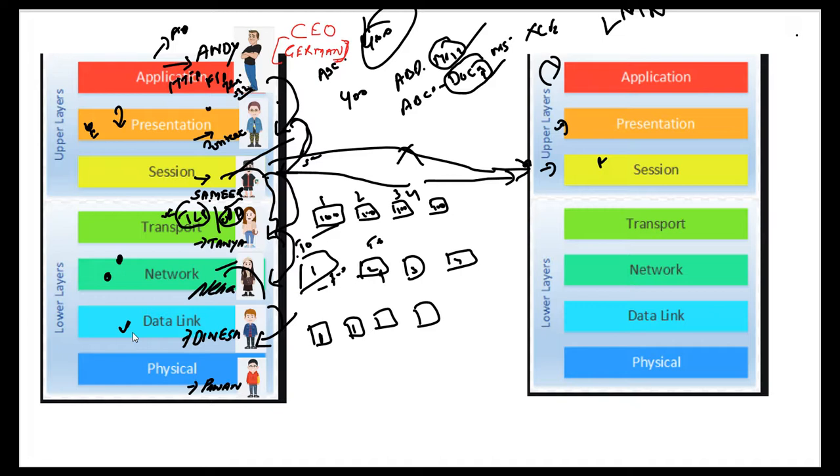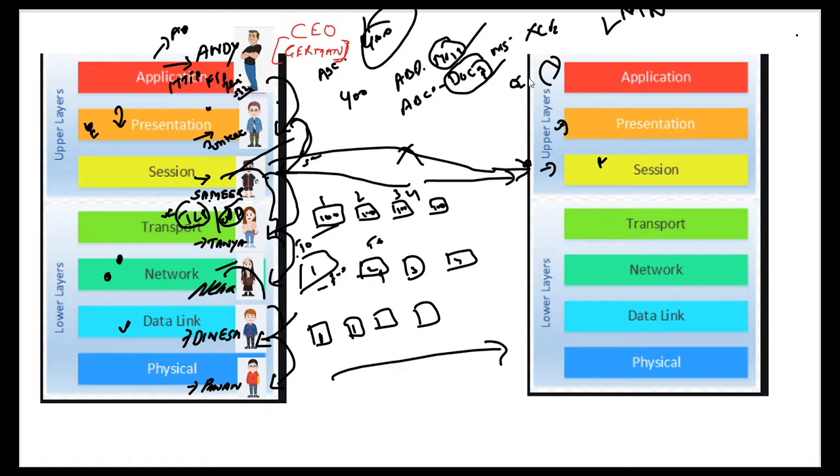Once the data link layer confirms that the packet is not corrupted and puts up the source and destination MAC address, it will give the packet to the physical layer. In our story, it's Pawan, and the physical layer will deliver the packet at the other end at XYZ company. So that is how the OSI layers work in a network, and the same things happen on the other end, and the packet reaches the CEO of XYZ company.